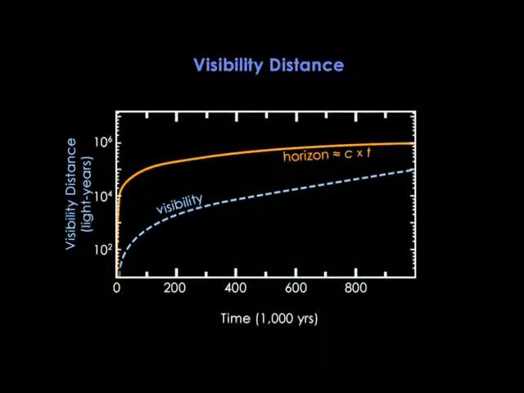But as time passes and the gas thins, you can see a larger and larger percentage to the horizon. If we extend these lines, they'd cross near 45 million years, and you could finally see to the horizon. However, well before that, near 400,000 years, a dramatic event occurs, which makes the visibility distance do this. If you remove the water droplets, the fog clears.